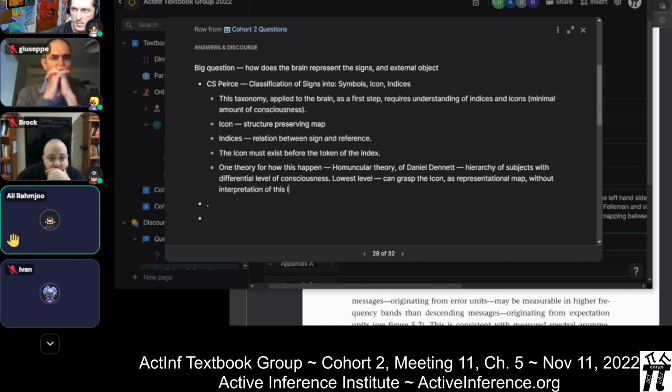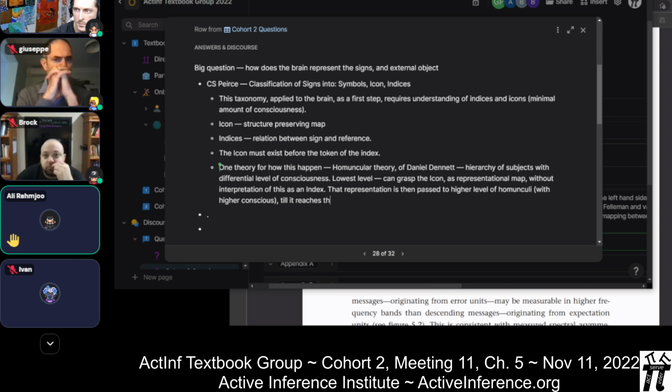But then again, it passes that representation into its higher levels of homunculuses with increasing consciousness until it reaches the subject, quote unquote subject, which is basically our whole mind.